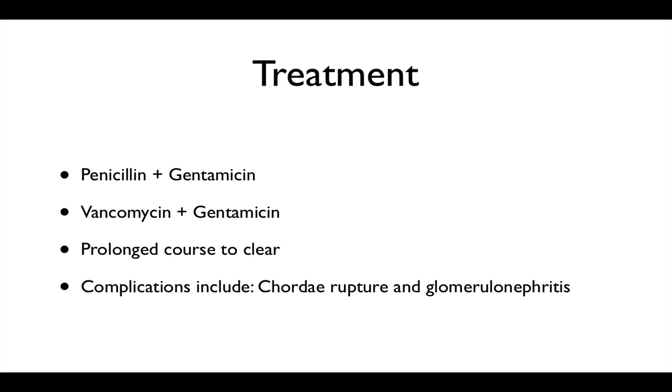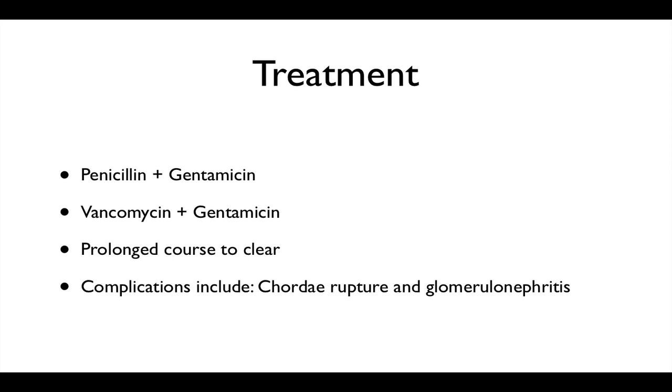You need a prolonged course to clear, and obviously if you have blood culture positive to something weird and wonderful, or something not sensitive to vanc or penicillin and gen, then you'll need to consult microbiologists and treat accordingly. But for the most part, I think vancomycin and gentamicin would cover most things.